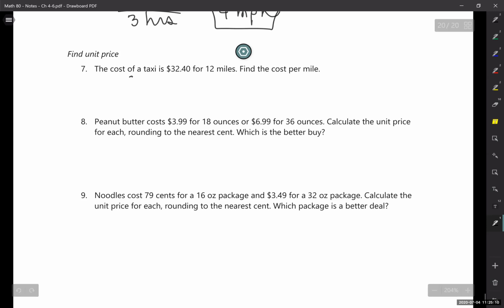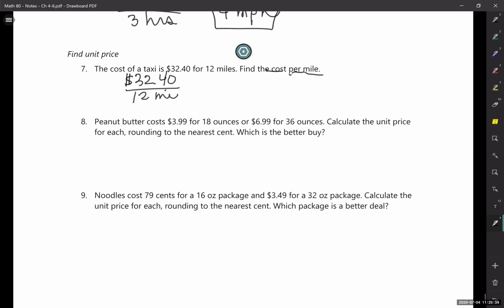We have $32.40 over 12 miles. Now, you'll notice I put the first number on top and the second number on bottom. If you are ever unsure, look at what it's asking you to find. It says find the cost per mile. That means cost goes on top, mile goes on the bottom.